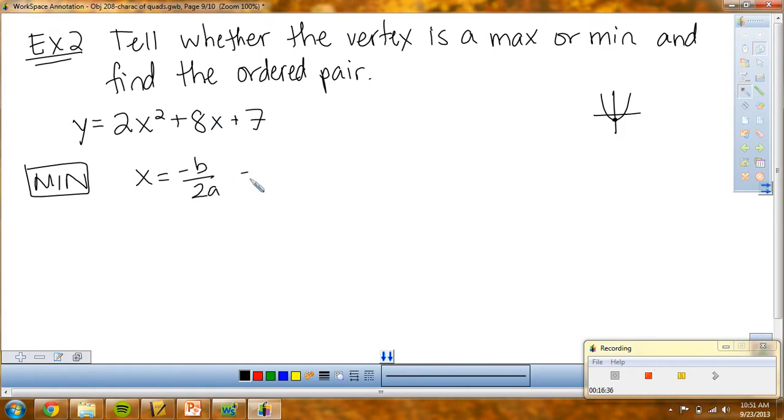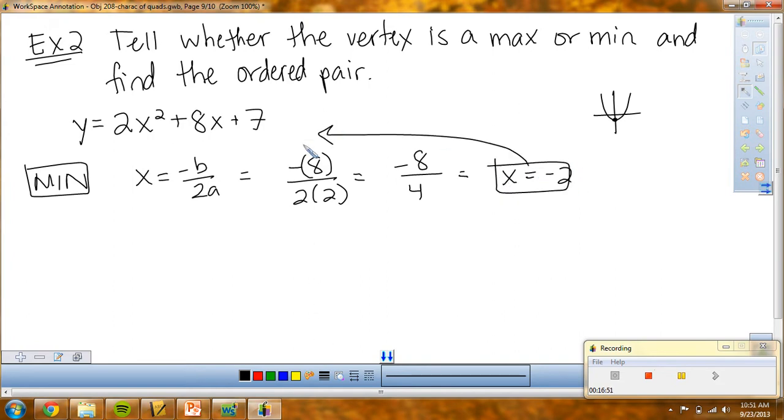So I substitute opposite of b over 2 times a, and I get negative 8 over 4. So here my x is equal to negative 2. So I'm going to substitute that back into the original equation so that I can find my y.